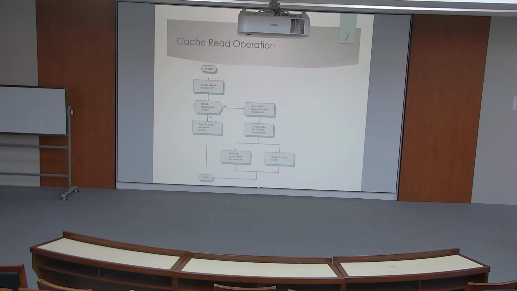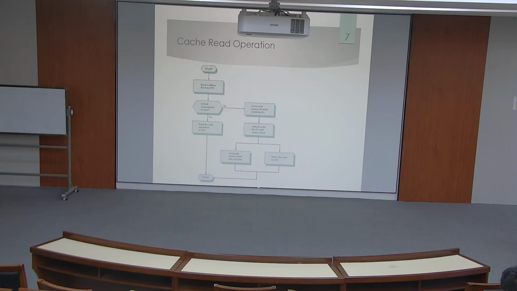Make sure you do understand this cache read operation. The CPU receives the LA address and has to check if the block containing the LA address is in the cache. If it is in the cache, it has to fetch the LA word and deliver it to the central processing unit. If it's not, it has to access the main memory for the block containing the LA address.